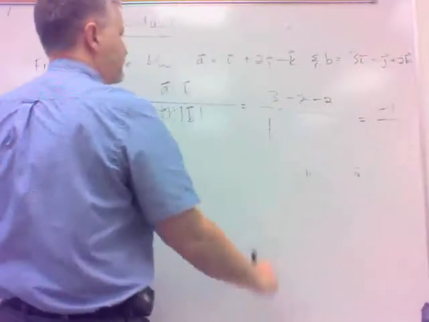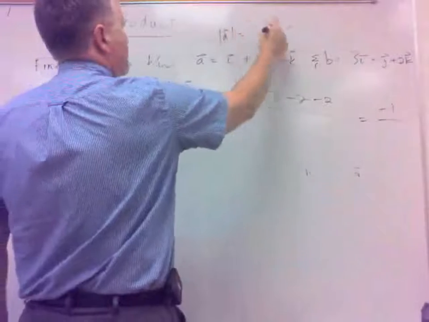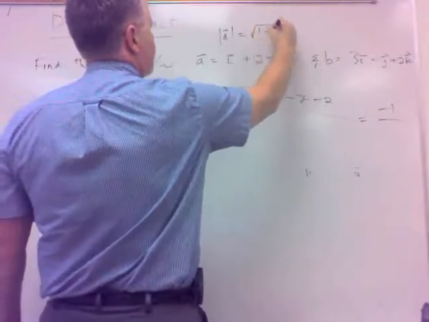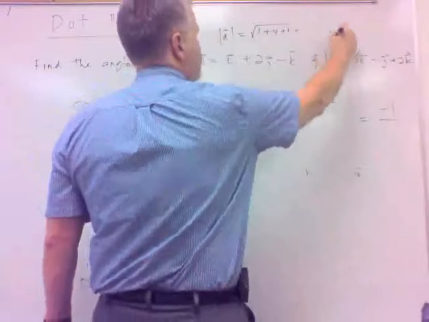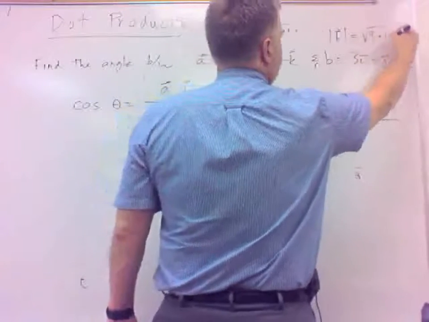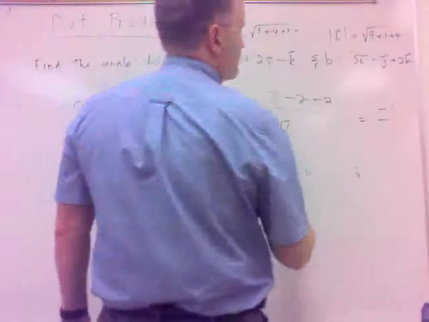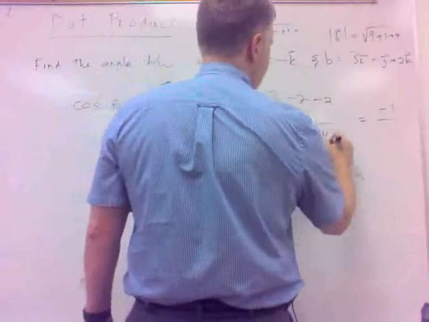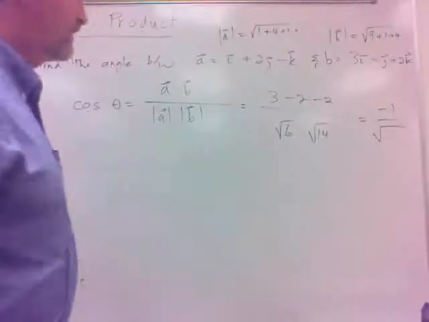Then the magnitudes here: square root of 1 plus 4 plus 1, square root of 6, for A. And the magnitude of B, square root of 9 plus 1 plus 4, 14, square root of 14. So we got the square root of 84.